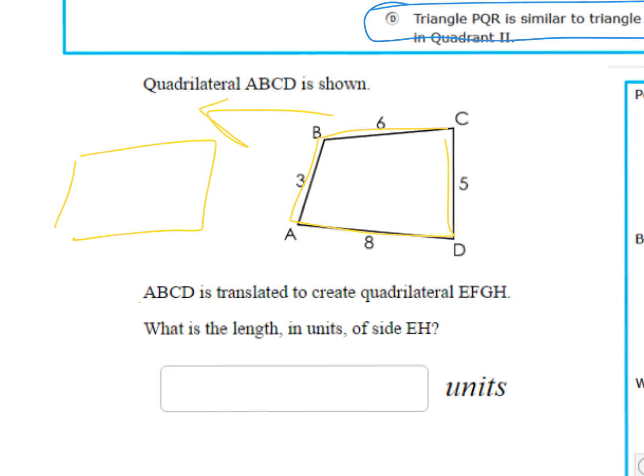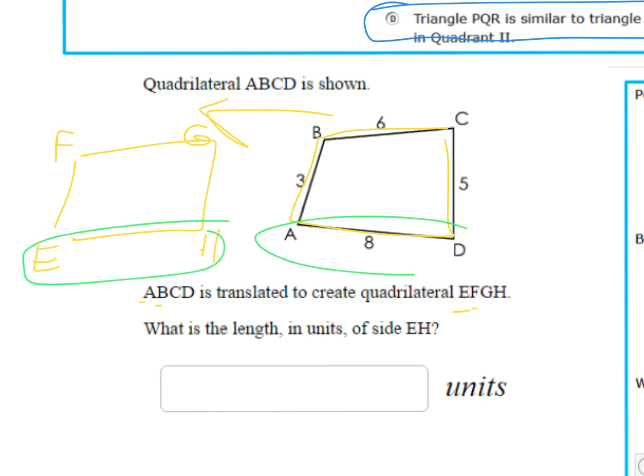And instead of A, it becomes E. So this is E. And then B becomes F. C becomes G. And then D becomes H. So what is the length of EH? Okay, so that is right here. E to H is the same as A to D. So this is 8 units.